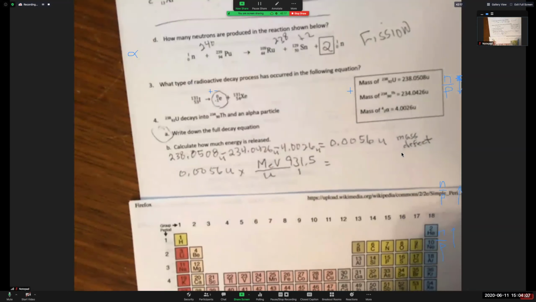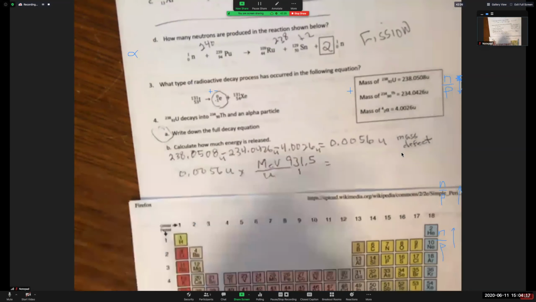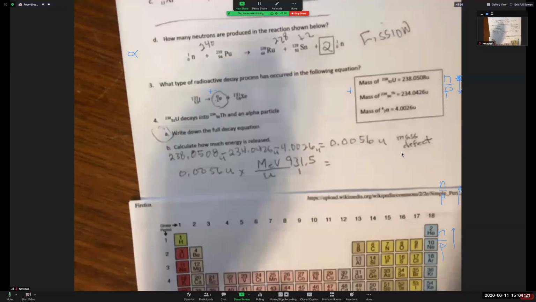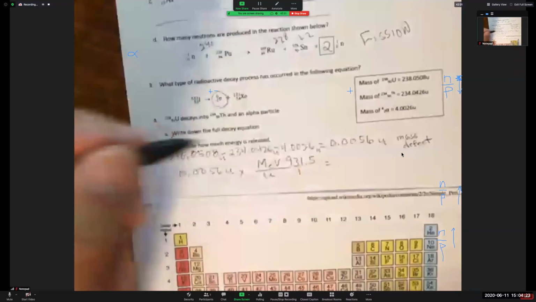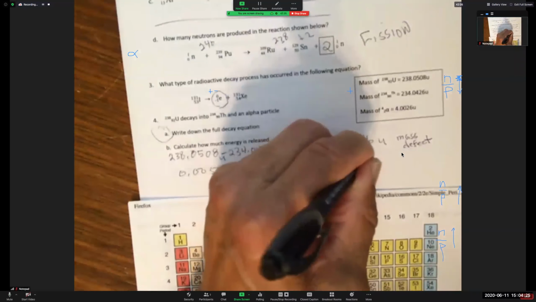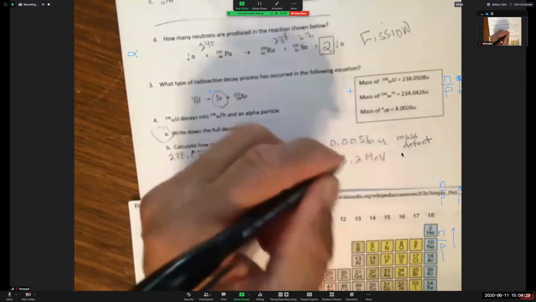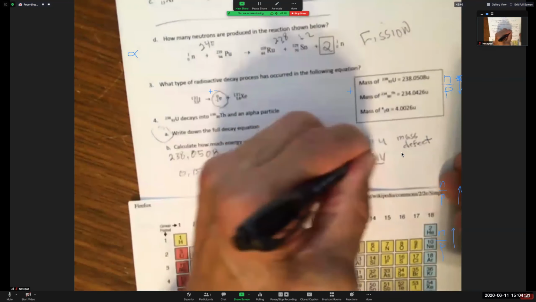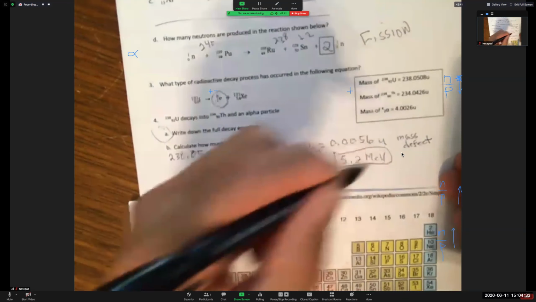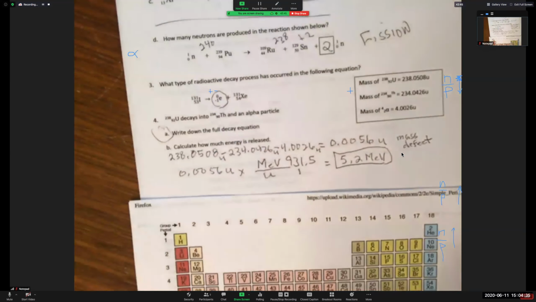So that'll make it easy. 931.5 times 0.0056 AMUs, and I get 5.2 million electron volts for that nuclear reaction.